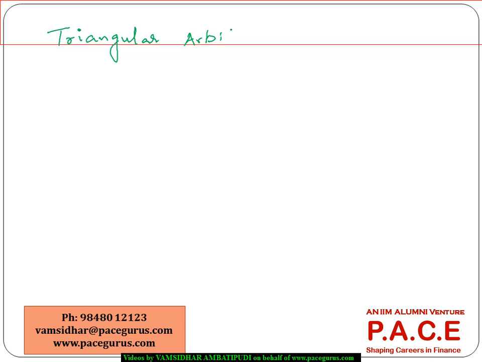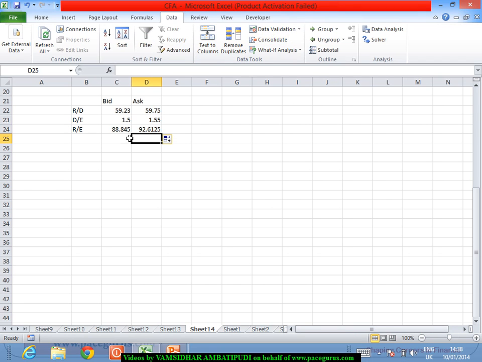What it means is, let's say now when I looked at these two markets, these are the two quotes which the dealer has given, and based on this I am able to derive that the rupee to euro is something like 88.84 to 92.65.